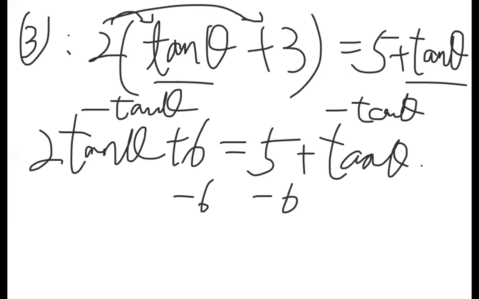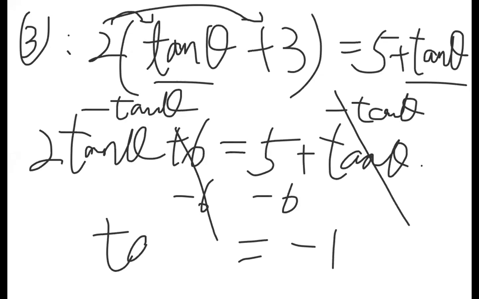Plus 6 minus 6 is gone. Plus tangent minus tangent is also gone. So the right-hand side becomes 5 minus 6, which is minus 1. The left-hand side becomes 2 tangent theta minus tangent theta, which is tangent theta. This becomes, like before, tangent theta is equal to minus 1.